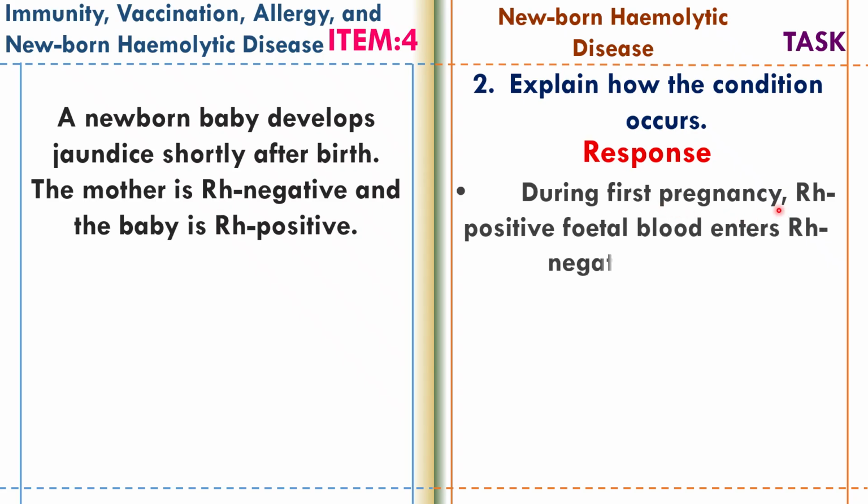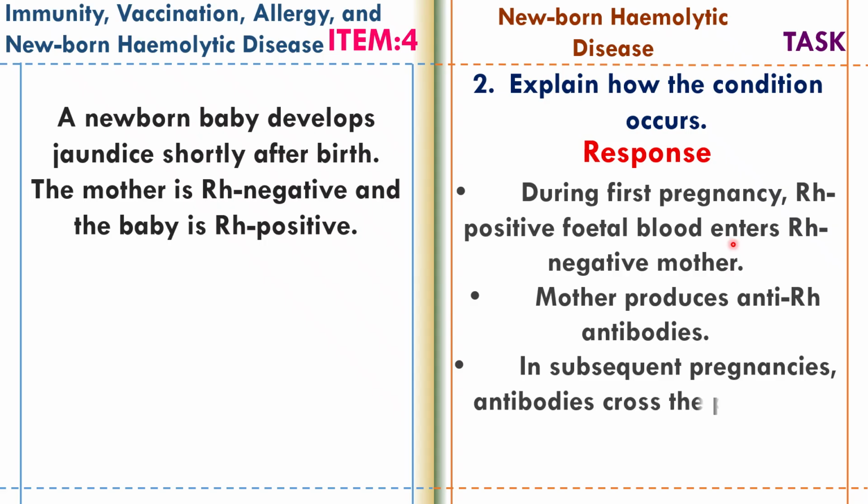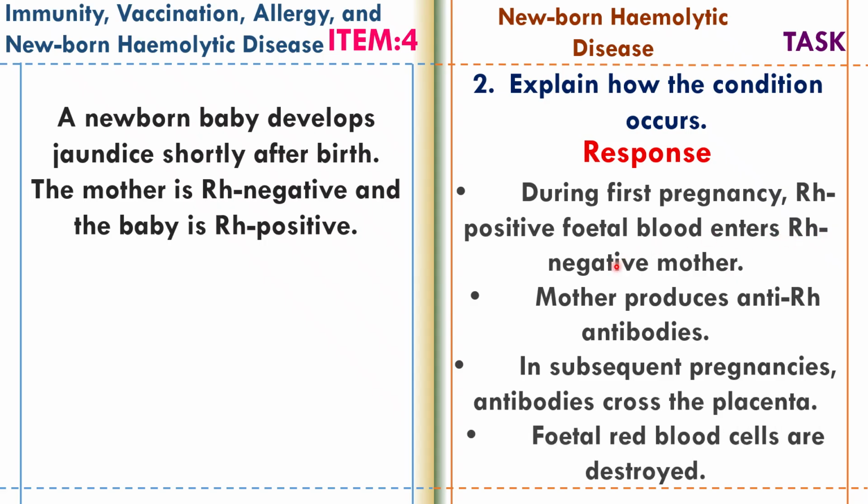During the first pregnancy, rhesus-positive fetal blood enters the rhesus-negative mother. The mother produces anti-rhesus antibodies. In subsequent pregnancies, antibodies cross the placenta. Fetal red blood cells are destroyed.